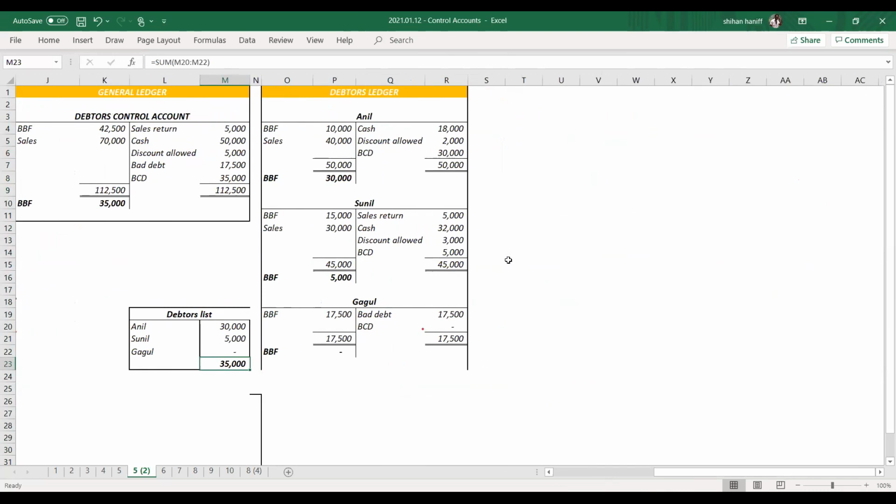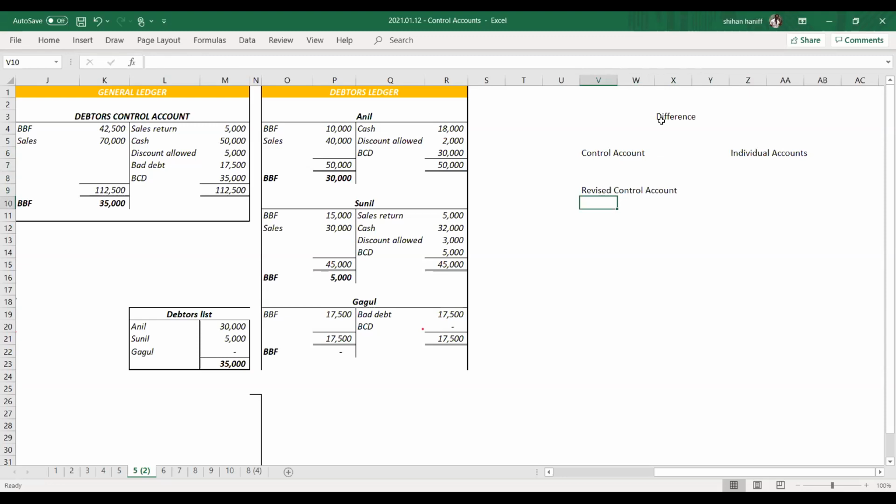If there is a difference in these two, the difference can be caused by the general ledger or control account, or it can be caused by the individual accounts. If the difference is caused by the control account, we will revise it using a revised control account.